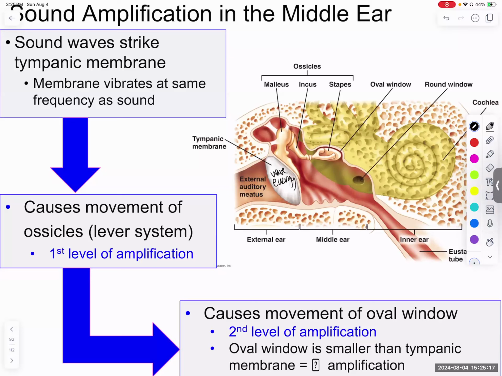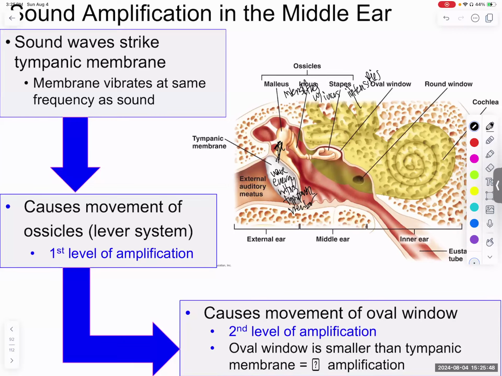So sound amplification in the middle ear just means the energy that is created by the waves hitting the tympanic membrane. It's going to vibrate the malleus first, and then it intensifies with the incus, and then intensifies again with the stapes.